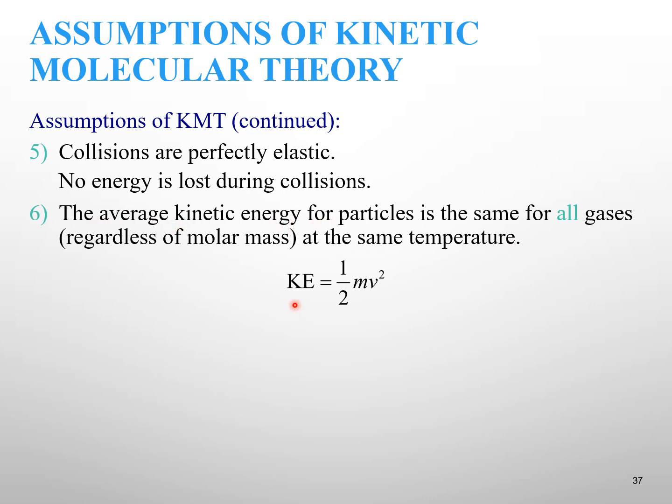Because kinetic energy is half mv squared, mass and velocity depend on the kinetic energy, or the temperature. At the same temperature the kinetic energy is the same, but if the mass is bigger, the velocity will be smaller, slower. If the gas is light, so the mass is small, the velocity will be high.